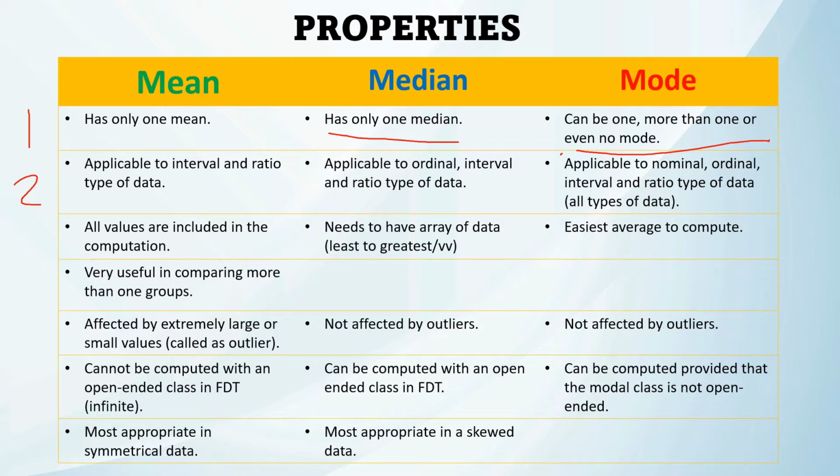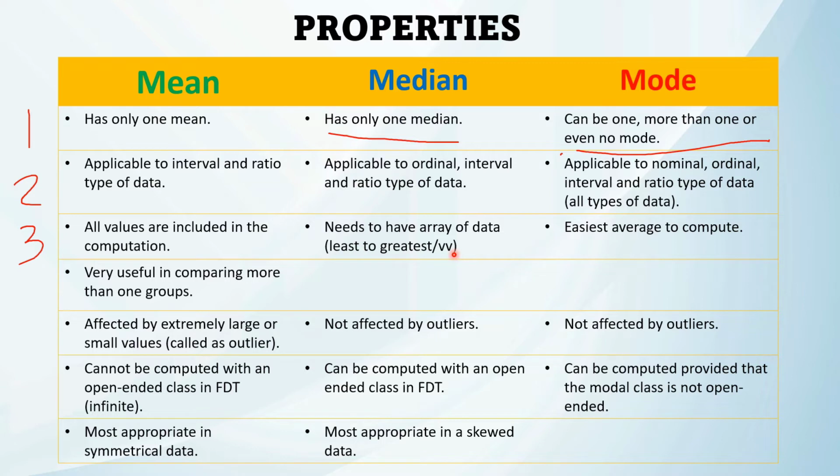And in mode, you can apply all the types of data: nominal, ordinal, interval, and ratio. Number 3, or the third row: all values are included in the computation of mean. No value will be excluded in the computation of mean. While in median, you need to have an array before you can get the median.